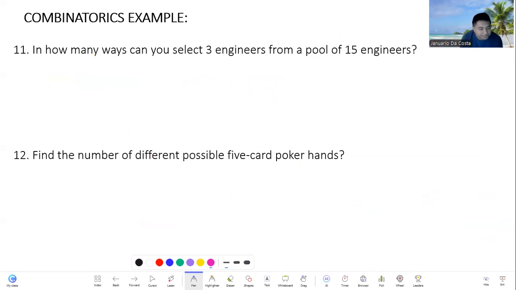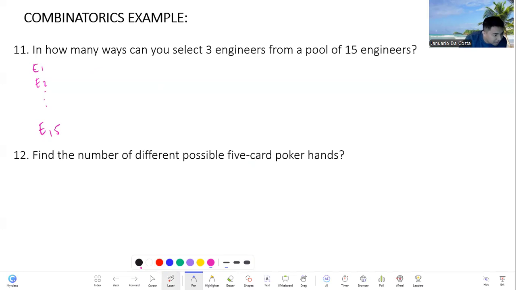Now, in how many ways can you select 3 engineers from a pool of 15 engineers? For example, say you are recruiting and you have 15 engineers. So engineer 1, engineer 2, up to engineer 15.